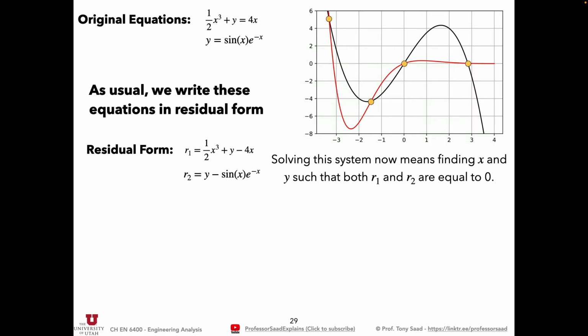So solving this system now means finding x and y such that both the residual functions are equal to 0, and they are both essentially hitting, in this case, the y equals 0 axis, but in the general case, just the point where all of them are equal to 0.